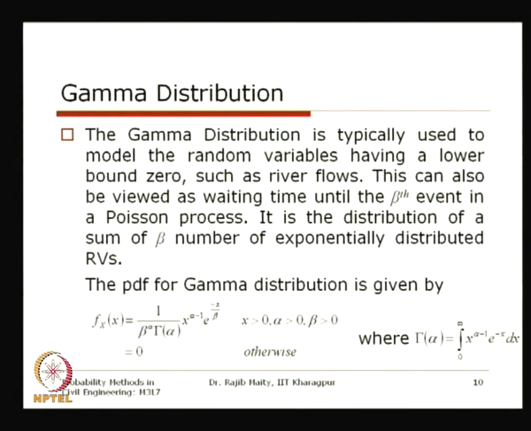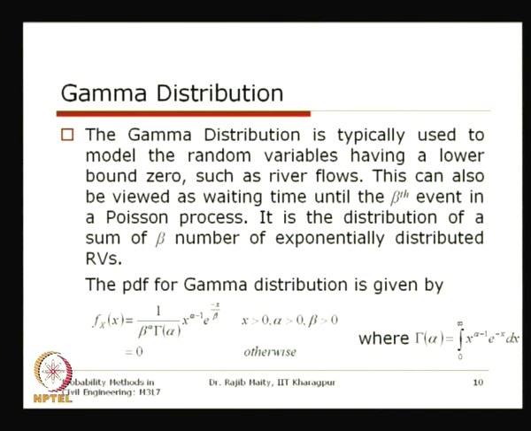Next we will discuss another distribution, which is known as the gamma distribution, and this is also very important. While discussing the bounds, we have seen that the gamma distribution is similar to our previous lecture's exponential distribution, whose support also starts from 0 to infinity.